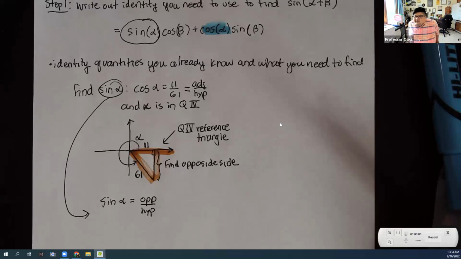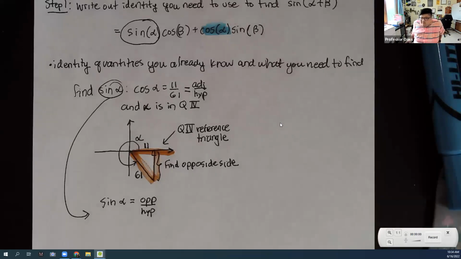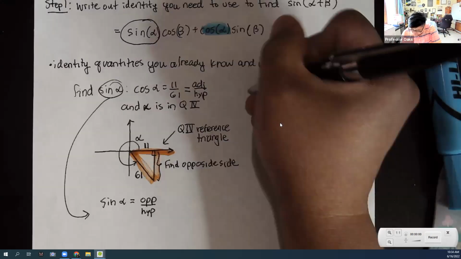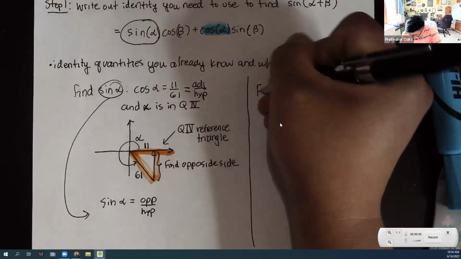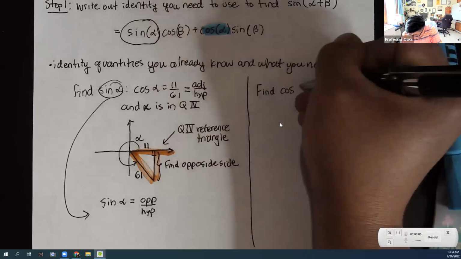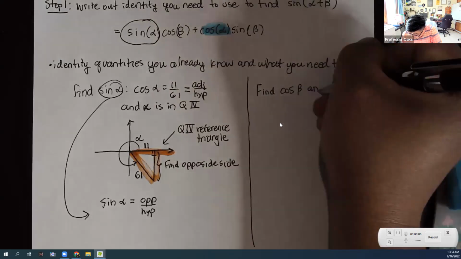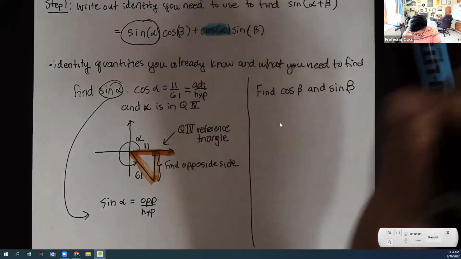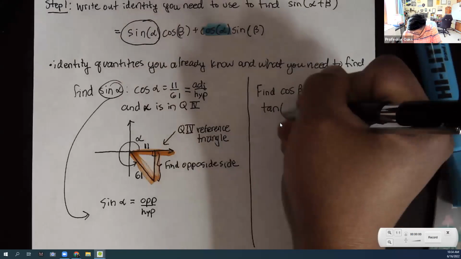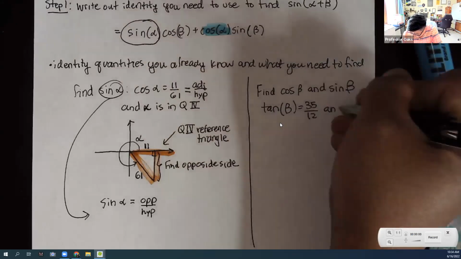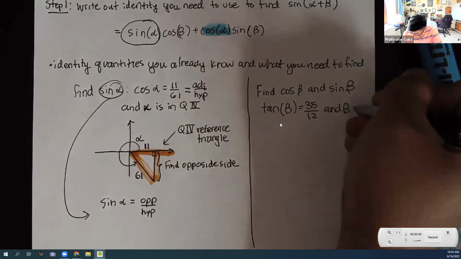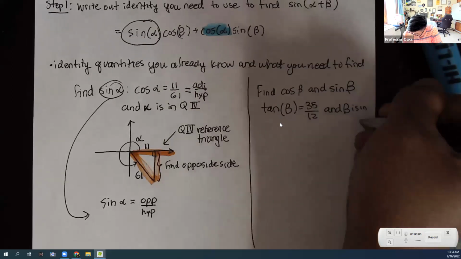This is the same type of problem as chapter 7, but there are two triangles going on, because you're going to need to find the cosine of beta and sine of beta too. So you need a different triangle for those, but they told you tangent beta was 35 over 12, and beta is in quadrant number 1.